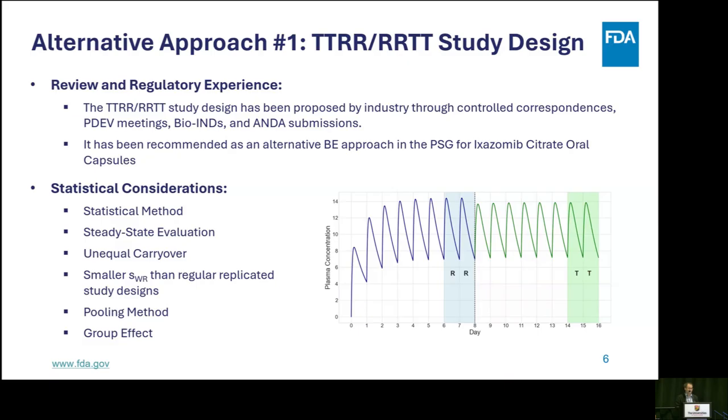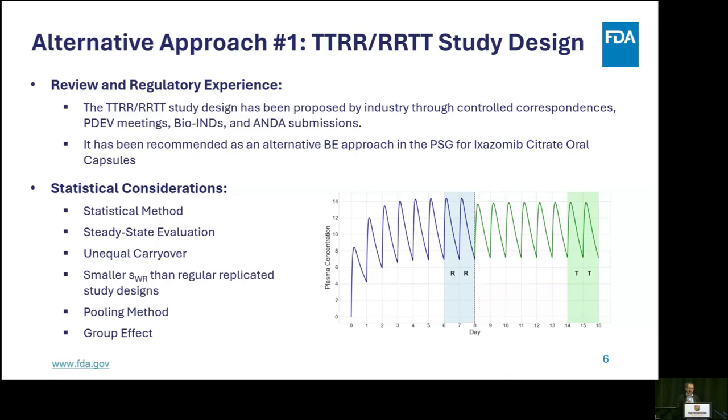Another point is that usually this study design has a smaller within-subject variability than regular replicate study designs. But in general, this is not a concern because it does not inflate the variability. Another point is about pooling. Usually this study is conducted in multiple clinical centers with very few subjects.